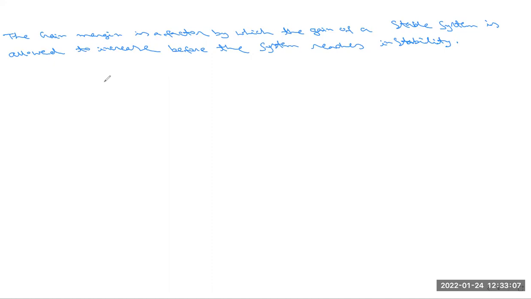Okay, so this is basically one sentence of the definition of the gain margin. The gain margin is a factor by which the gain of a stable system is allowed to increase before the system reaches the instability point.